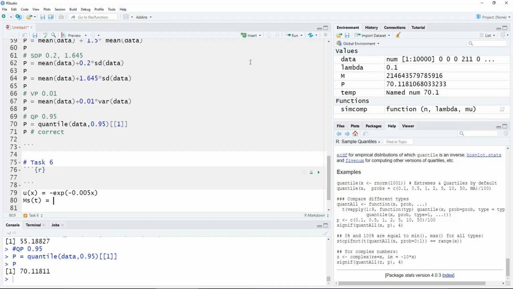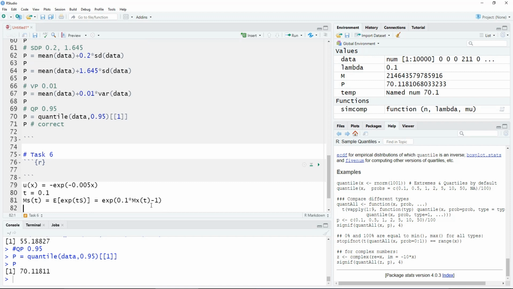This is the expected value of exponent of tS, and this gives us exponent of t equals to 0.1. From the previous task, it is equal to lambda, so it will be 0.1 times (M_X(t) minus 1). This is our moment generating function for S.